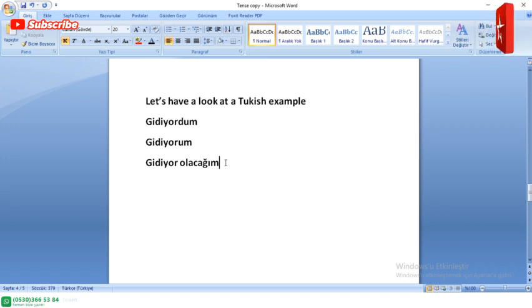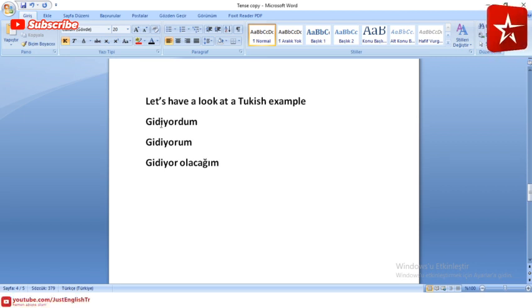It would be nice if every language was so easy. In Chinese, they only use a time phrase, yesterday, today, and tomorrow, and that's pretty much how they show tenses. But in English and in Turkish, we have to use suffixes. We need to add something to show that this action happened in the past, the present, or the future.